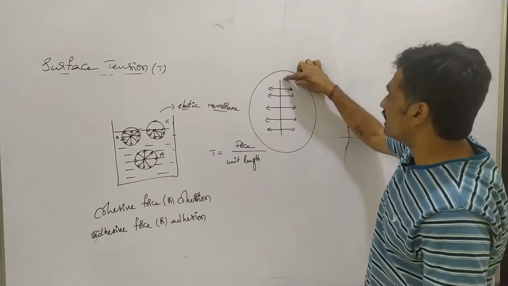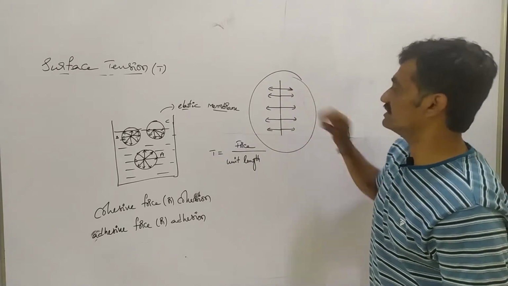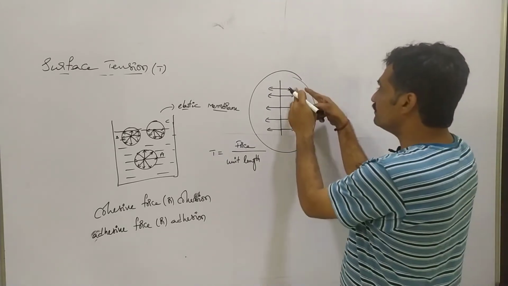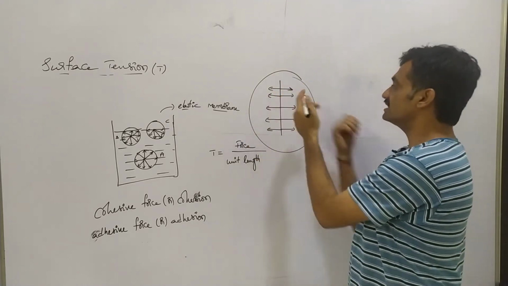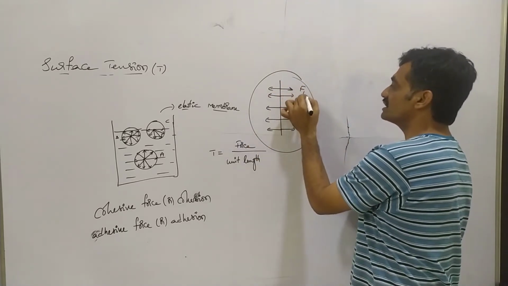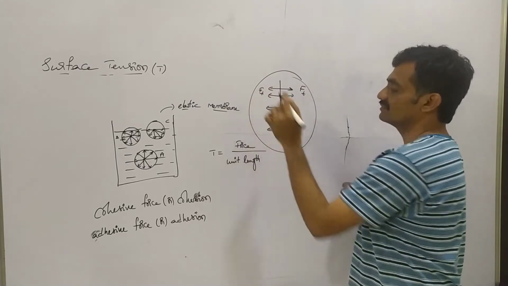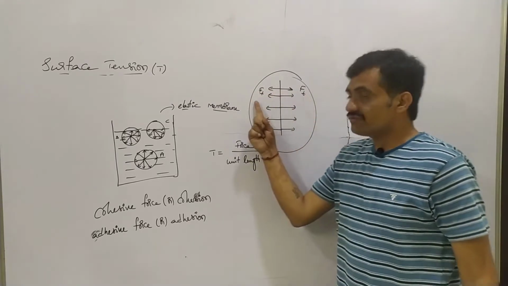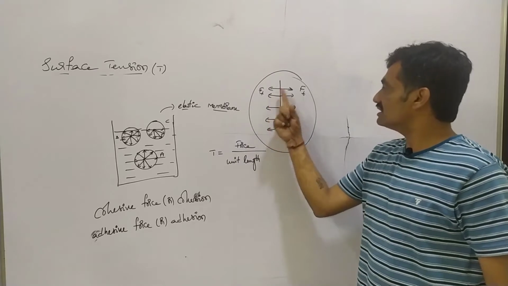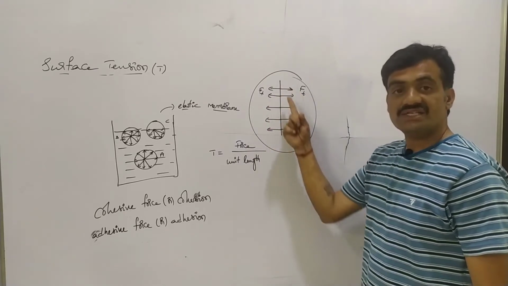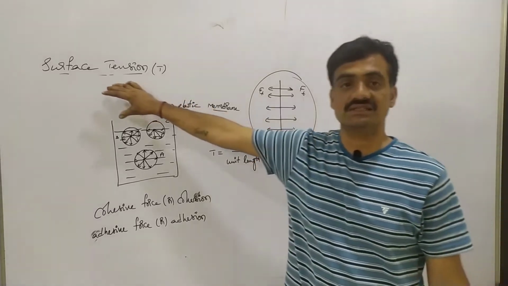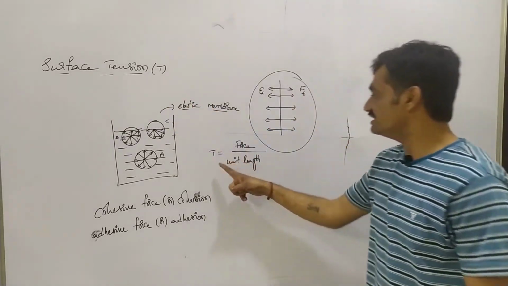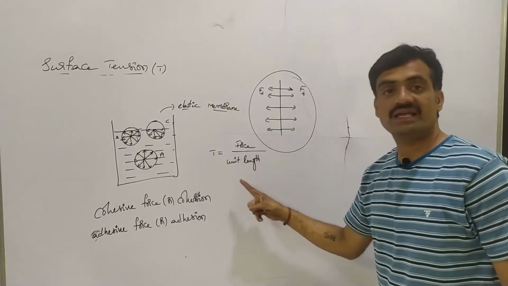Here we have drawn an imaginary line on the surface of the liquid. Observe that the force is acting towards this side as well as towards this side. That's why it is known as a tangential force. The tangential force acting on both sides along the imaginary line drawn on the surface of the liquid is known as surface tension, and it is given as F by L.